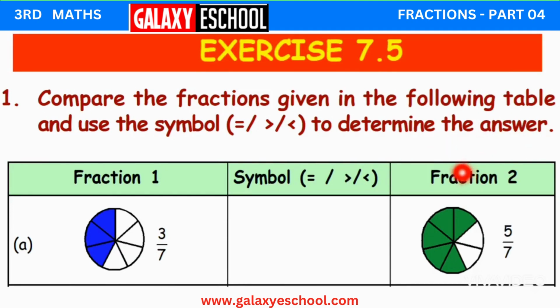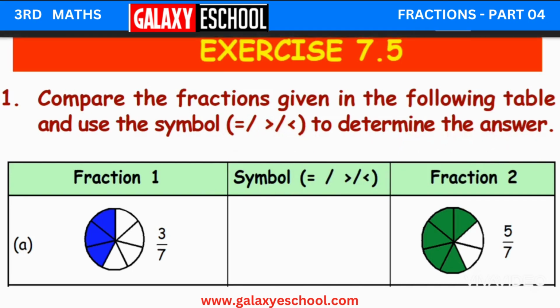Coming to exercise 7.5. Compare the fractions given in the following table and use the symbol equal to, greater than or less than to determine the answer. So what is it in our exercise, children? We have to compare the given fractions, and here we have to put the symbol equal to, greater than or less than. Now first we have 3 by 7 and 5 by 7.